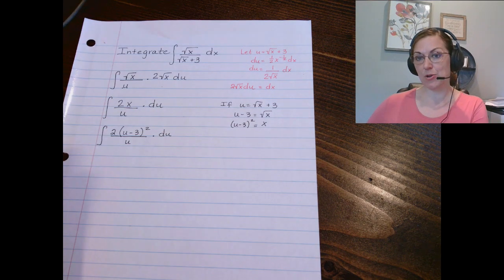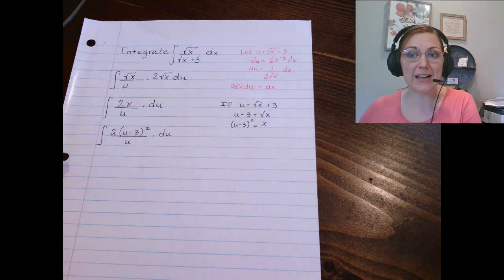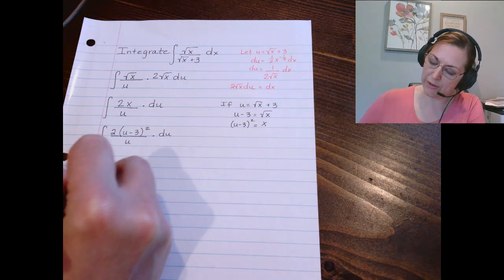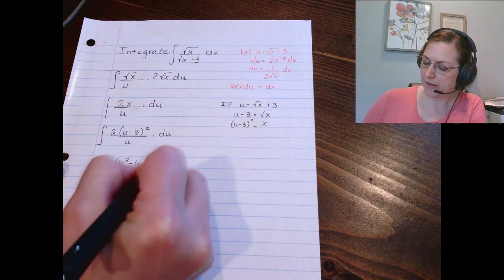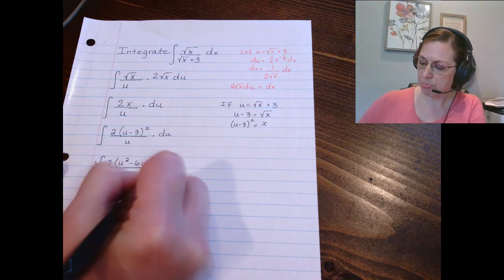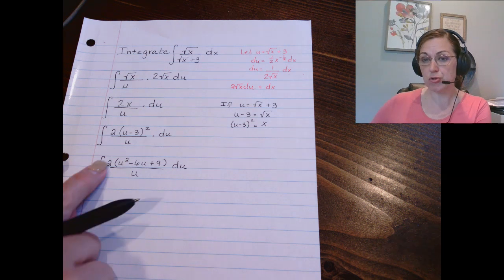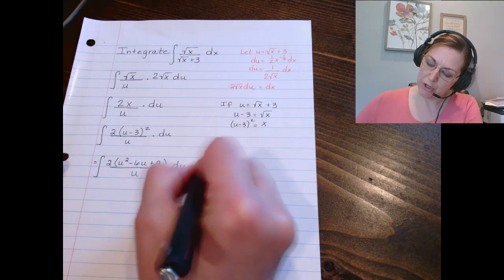And now I have everything in terms of u, but it's not yet simplified enough that I want to take the integral yet. So let's go ahead and multiply out that numerator. u squared minus 6u plus 9. And then I'm going to distribute the 2, but I'm also going to make each fraction over u.